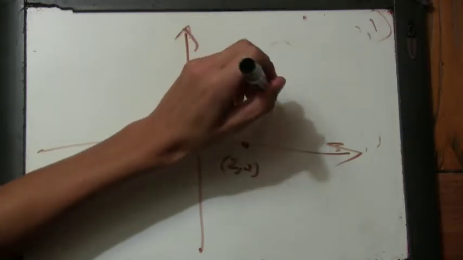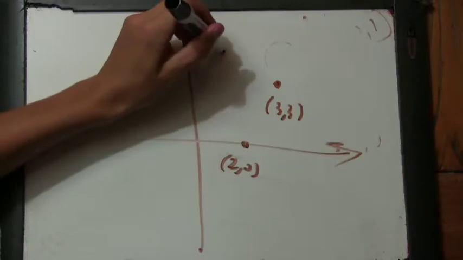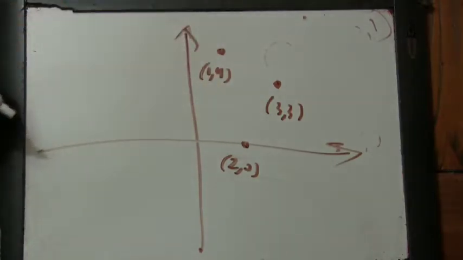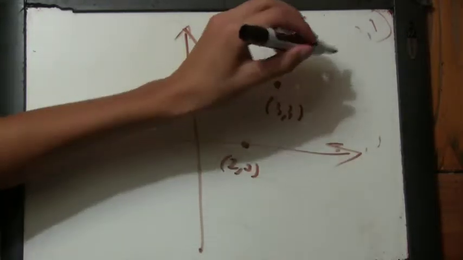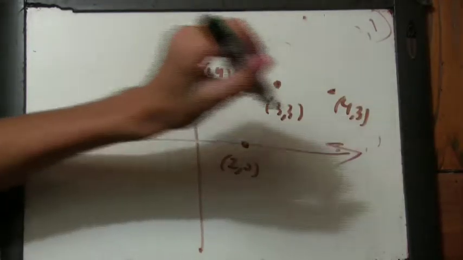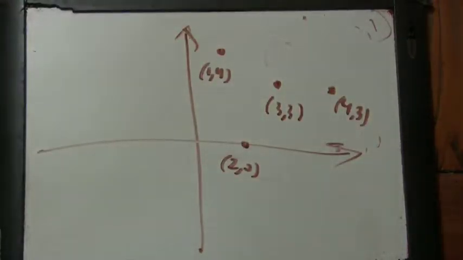How about 3, 3, 1, 4, and then 4, 3. Okay. And we're going to try to find the best fit line through those 4 points.